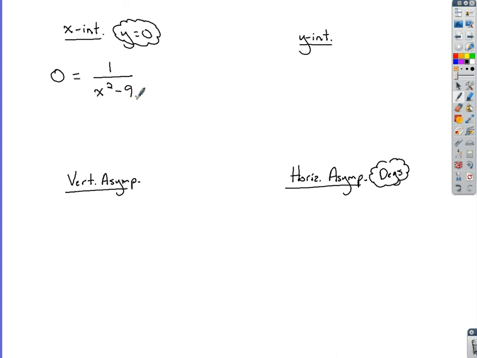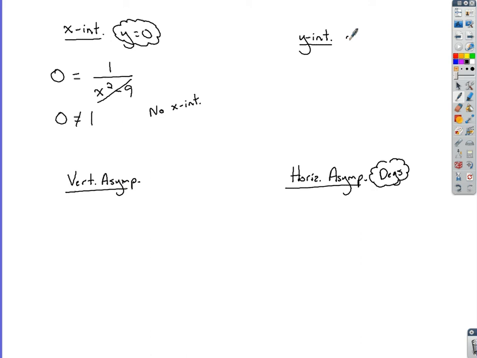Now, if I try to solve that, I'd be multiplying both sides by x squared minus 9 to clear the fraction. And once that clears, I'm multiplying a 0 over here. It'd be 0 equals 1, which doesn't work. So all that means is for your x-intercept, since we didn't get a solution, there's just no x-intercept. We're not going to be able to produce a point here that ultimately we can plot on our graph.